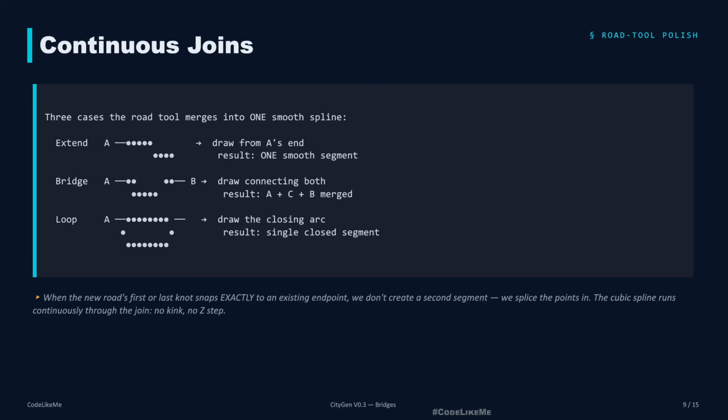So this is the logic of the merging. If I connect two ends of the roads, it becomes a single spline to get a smoother result. Also, if there are two separate roads and I connect the two ends of those roads, that also becomes one single spline, a merged road, and also a loop.